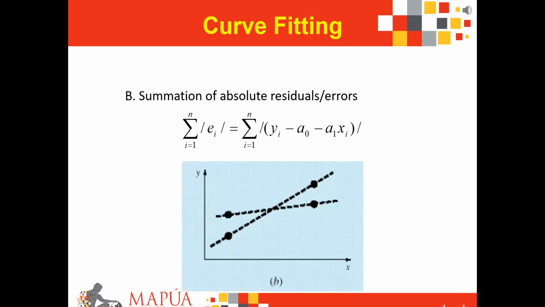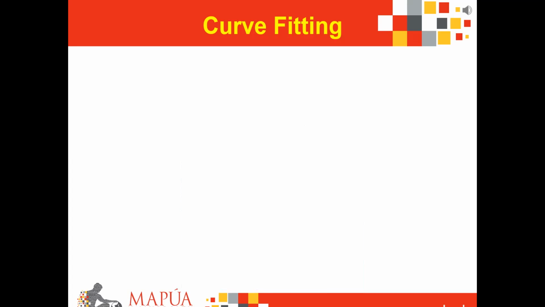However, this does not create a unique straight line that will fit all your given data points. So we're simply back to our same problem. Thus, this particular criterion is not used.